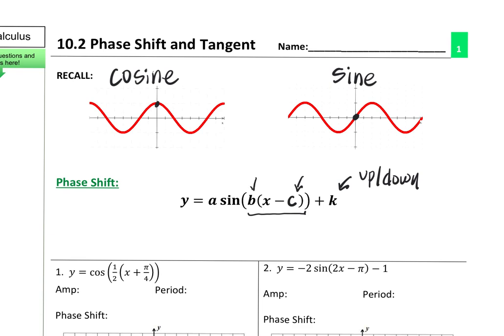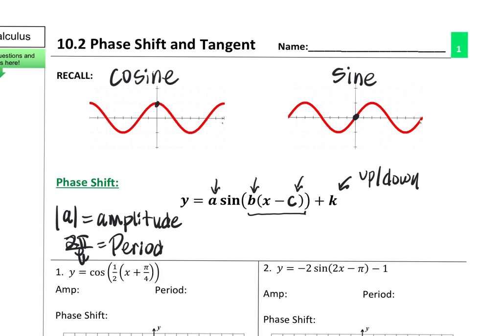The B helps us figure out the period. And A is our amplitude. Absolute value of A is amplitude. You still got to know that. 2 pi divided by B is our period. K tells us up, down, so that's our vertical shift, but it's easy.